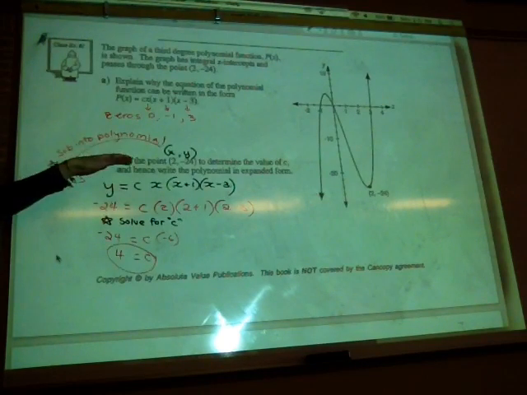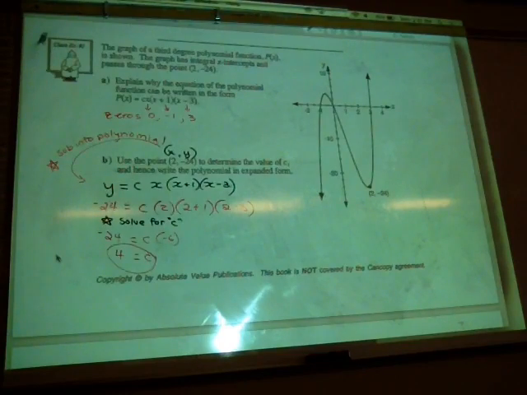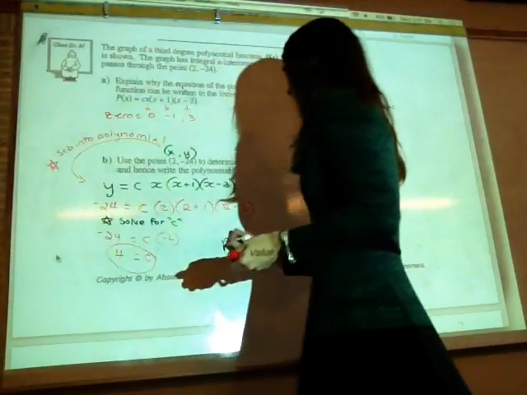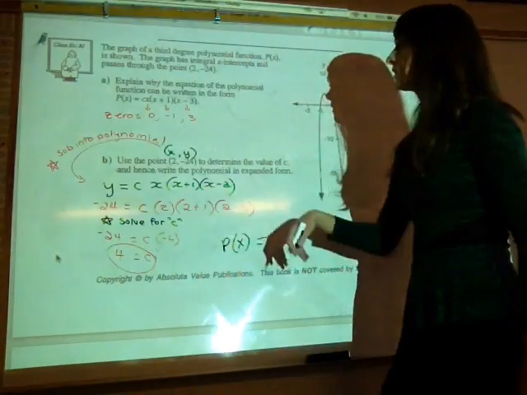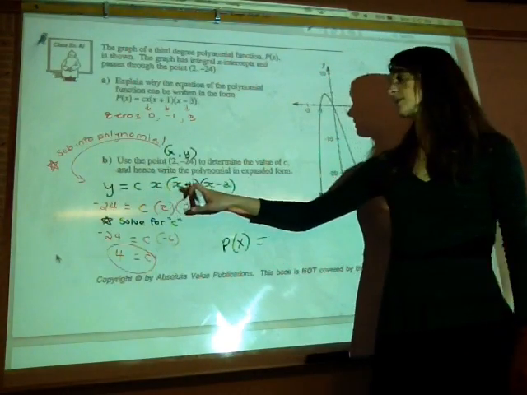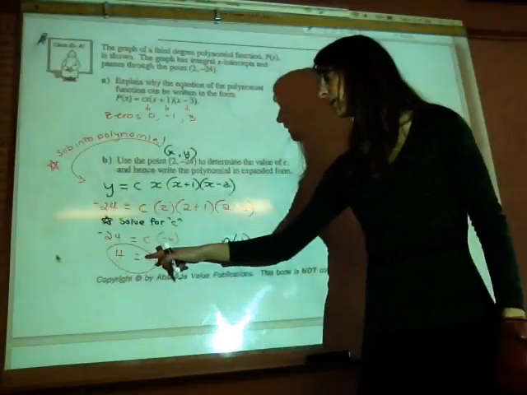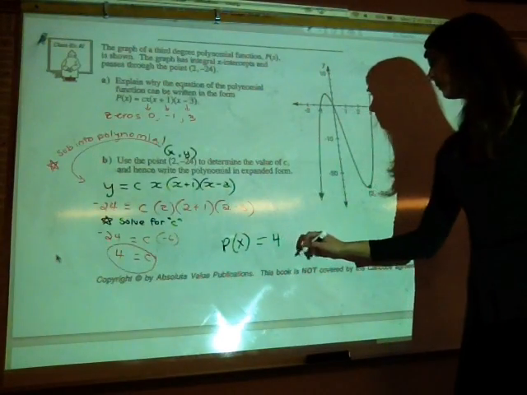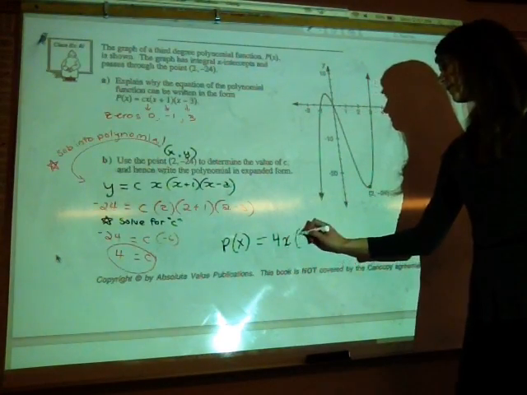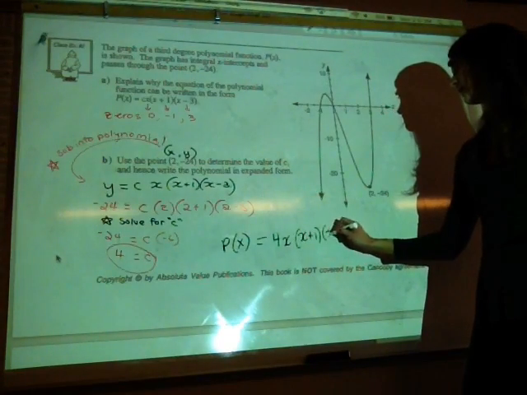So we used the point to solve for c, and now we have to write the polynomial. So we started with p of x equals c times x times (x plus 1) times (x minus 3). Now all we're doing is putting the 4 in for c. So the polynomial is equal to 4x times (x plus 1) times (x minus 3).